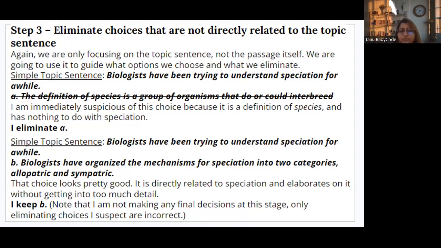Let's look at the second option: biologists have organized the mechanism for speciation into 2 categories, allopatric and sympatric. So now it's talking about biologists, and it relates to speciation and elaborates on it without getting into so much detail. I'm not making a final decision, but yes, I'm keeping B as an option, because it's talking about the mechanism of speciation.